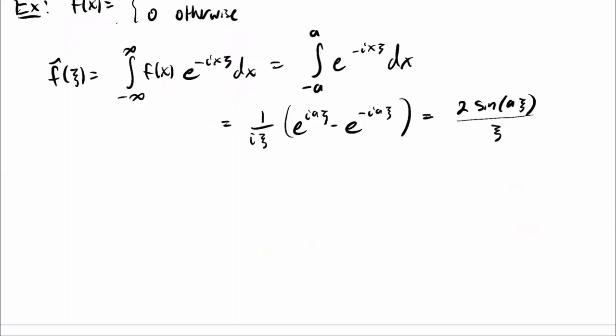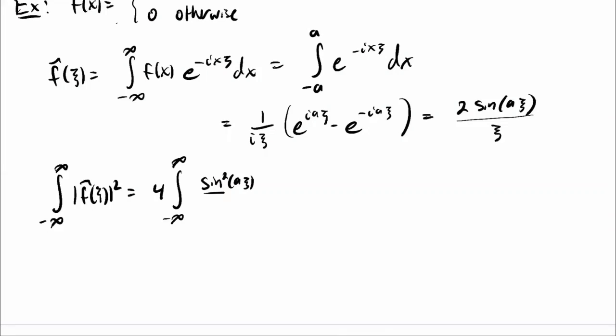Now let's apply the Plancherel theorem. Let's say I look at the integral of f hat of ξ squared from minus infinity to infinity. This is the integral from minus infinity to infinity of 2 squared, which I'll replace by 4, times sine squared of aξ divided by ξ squared dξ.